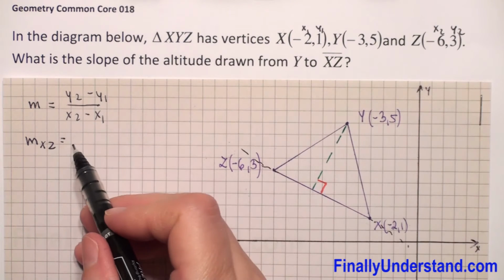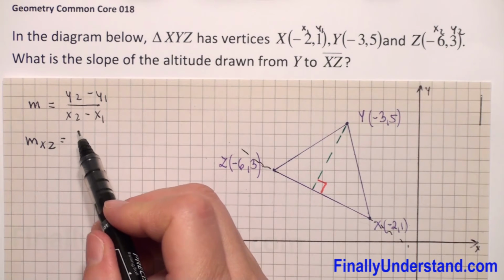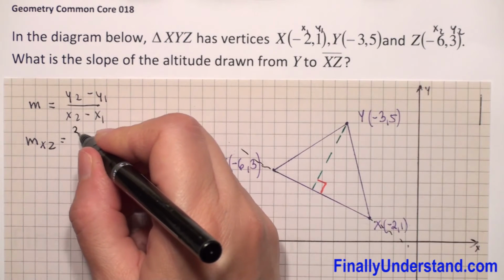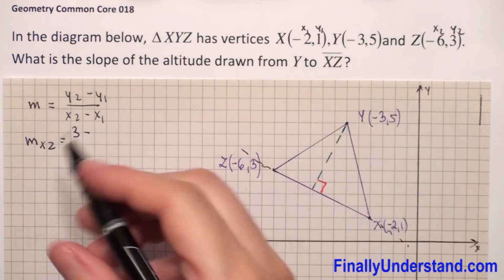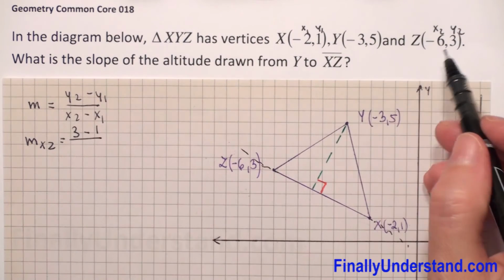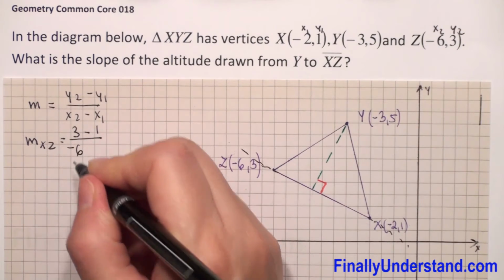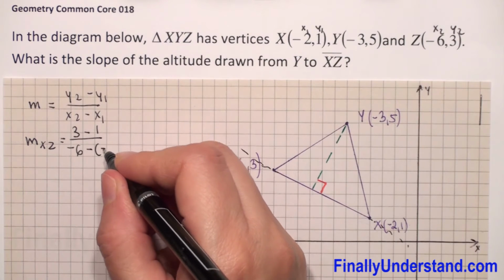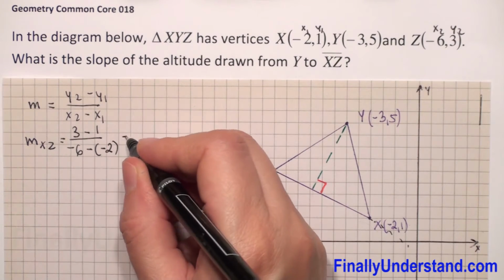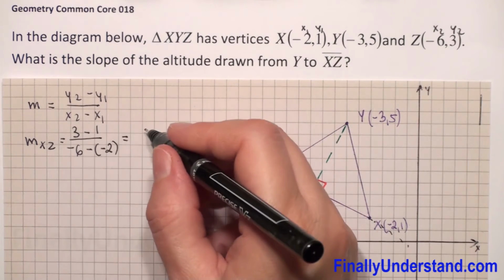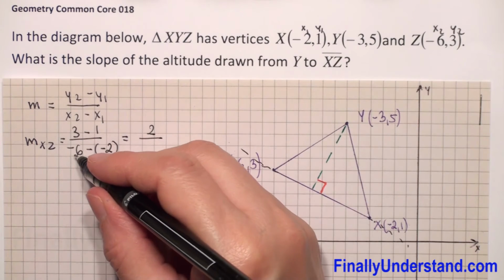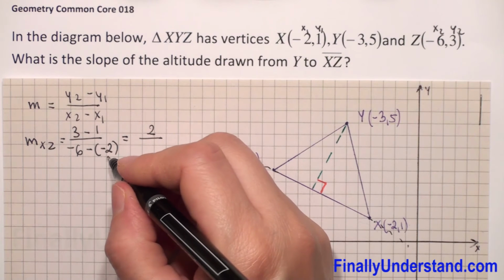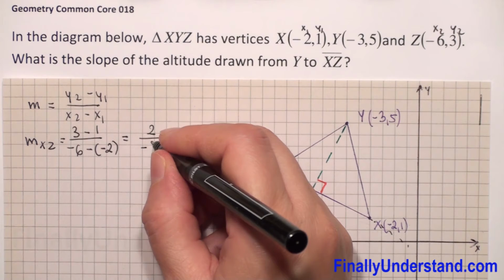So now we will substitute into this formula y2 as 3 minus y1 as 1, over x2 as -6 minus x1 as -2. So you have to write it in parentheses. This is equal to 3 minus 1 is 2, over -6, negative and negative give me positive, so -6 plus 2 is -4.